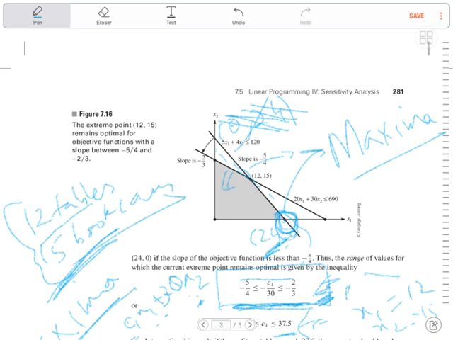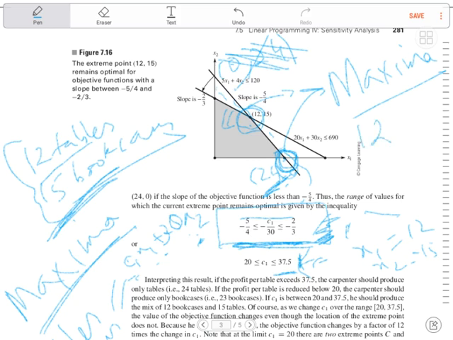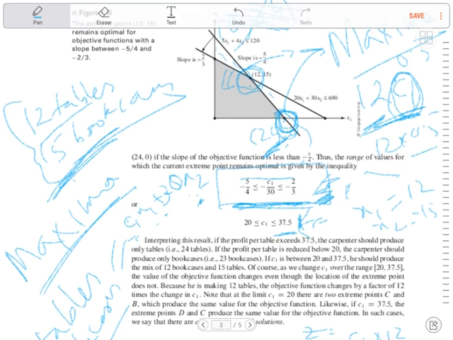Okay, and if he is going to fix this 12, 15 only, that is, sure to make 12 tables and 15 bookcases, then definitely this is the range of c1's variation, and in that case his objective function's value is sure to change and is changing by a factor of 12 into c1. That is, whatever c1 is changing, so suppose c1 is 0.5, then the total change in objective function is 12 into 0.5, like that. Okay, so this is the thing that is coming.